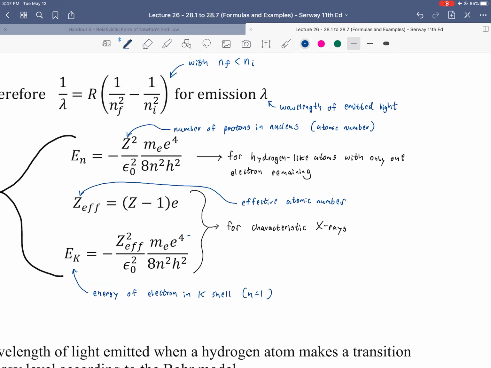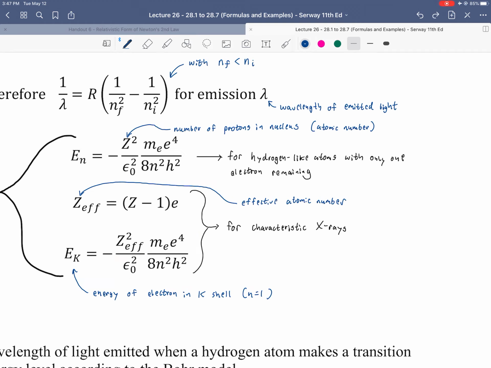So the K shell is just n equals 1. Simple as that, okay? Which is why n doesn't even show up in this expression, because it's just 1, so it's just not there, okay? And otherwise this expression is identical to the energy of n equals 1, so essentially the ground state of the hydrogen atom, right? So good consistency there.